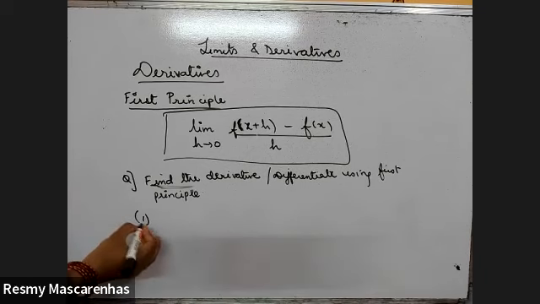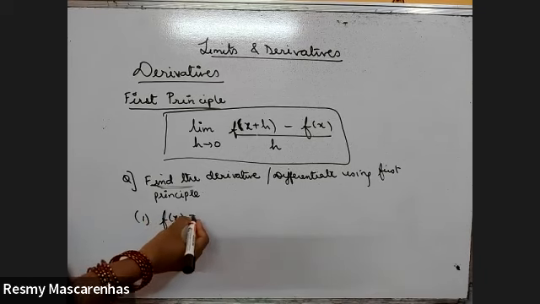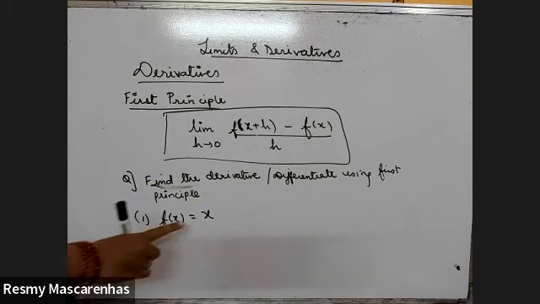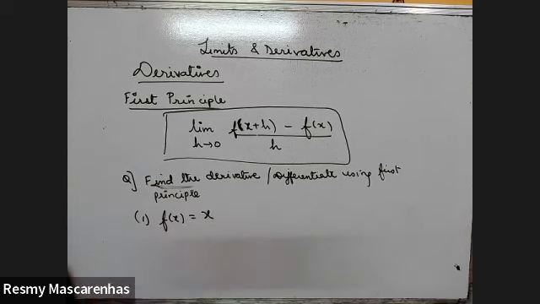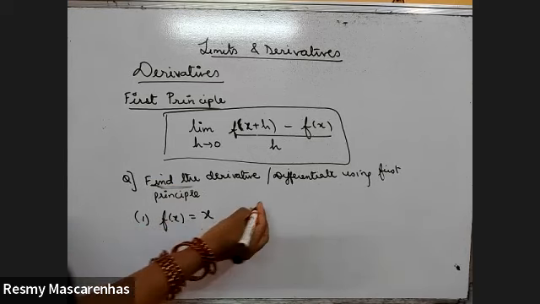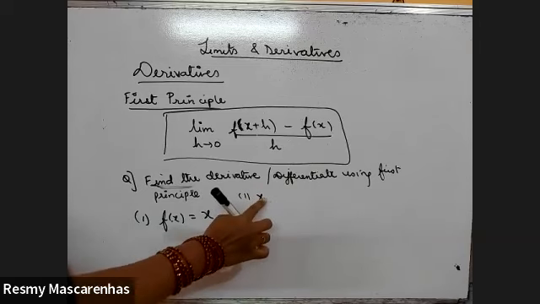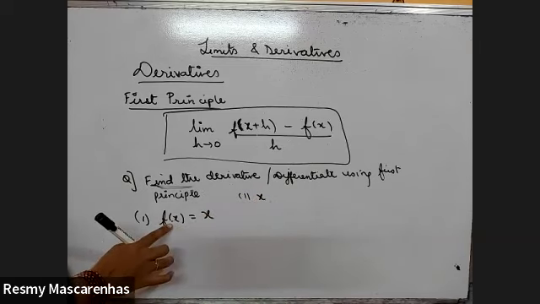First one, f of x is given as x. We have to find the derivative of x. So now I need to find the derivative of this. Function will be given. Even if the function is not given, whatever we have to find the derivative of is always f of x.